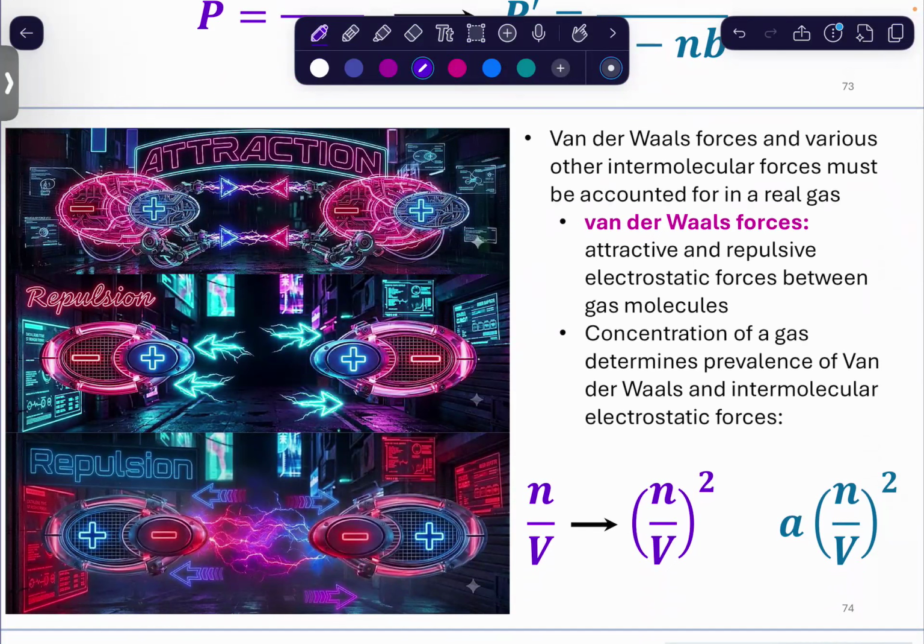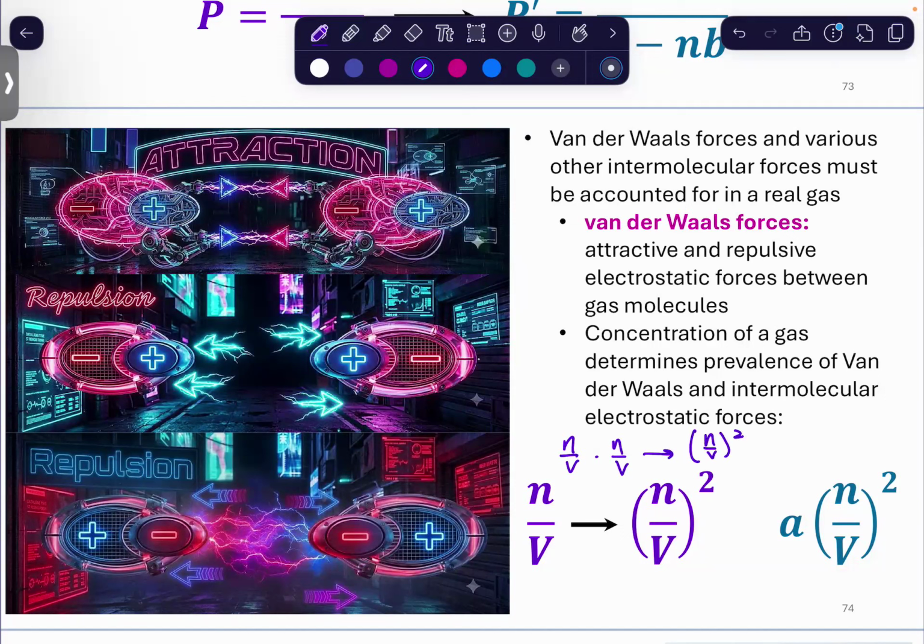And so what you have to think about is inside your gas, you have a certain number of molecules that are being pulled by van der Waals forces, and that's going to be dictated by concentration n over V. Then you have a certain number of molecules that are doing the pulling, and that's also going to be dictated by n over V, which leads to n over V squared.